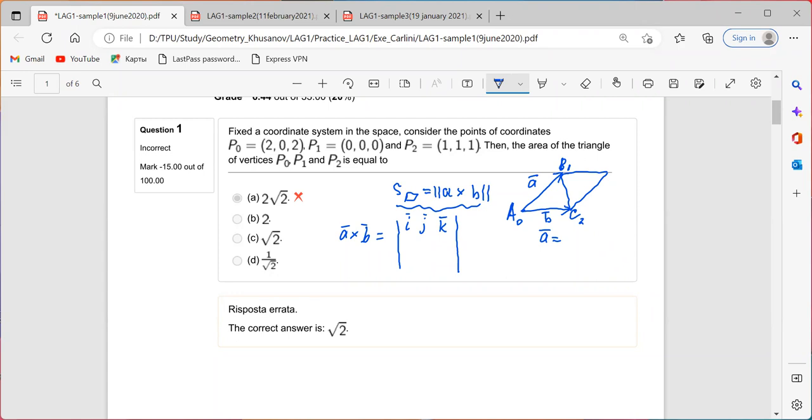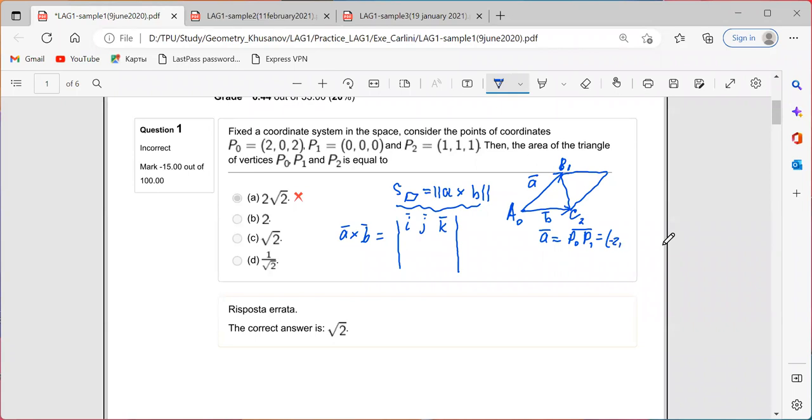So now vector A is the vector P0P1. And we can compute the coordinates of this vector: we subtract the coordinates of P0 from the coordinates of P1. In this case, we obtain 0 minus 2, which is minus 2.